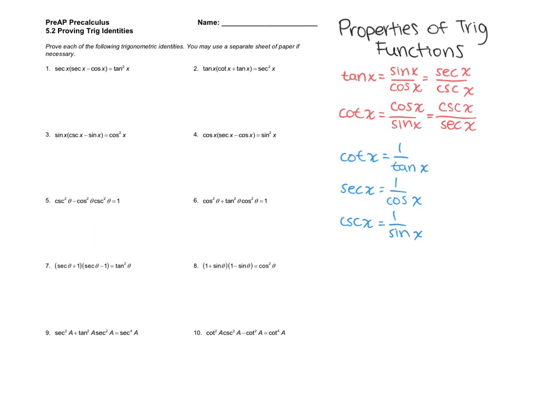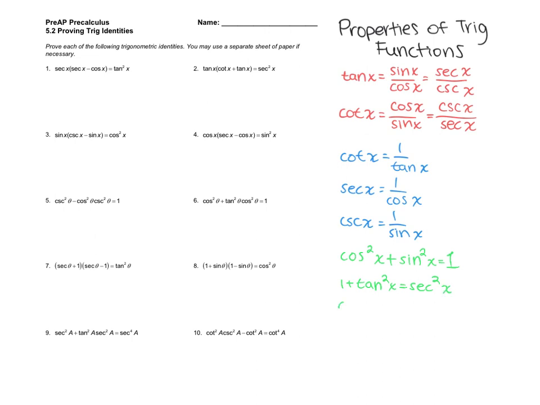And lastly, and probably the most important, would be your Pythagorean properties. So the first Pythagorean property would be cos squared x plus sine squared x is equal to 1. And then our second one would be 1 plus tan squared x is equal to secant squared x.